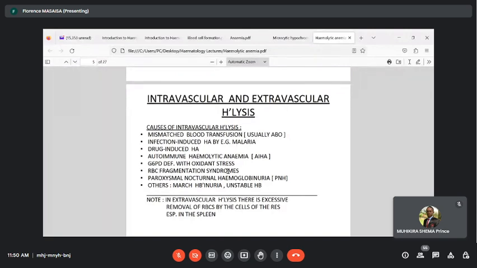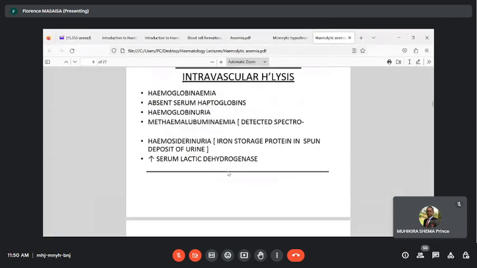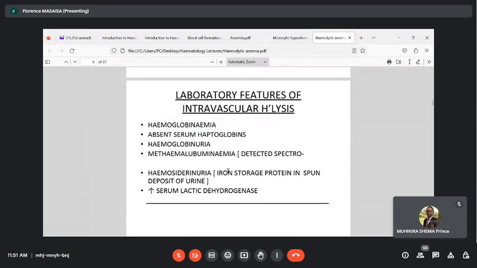When there is extravascular hemolysis, there is excessive removal of the blood cells by the reticuloendothelial system, in the spleen. So these are the features of intravascular hemolysis. We have said it: increase of LDH, hemoglobinuria, absent haptoglobin, and so on.